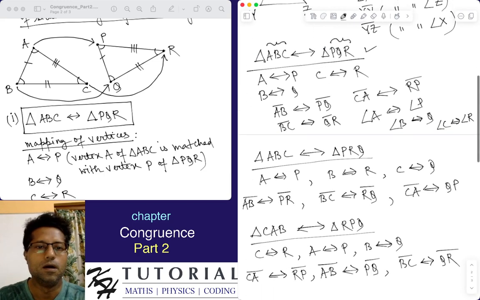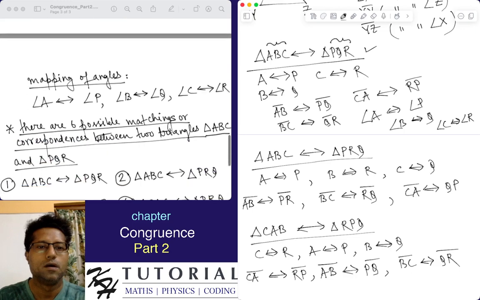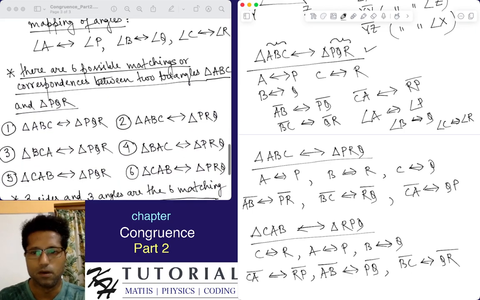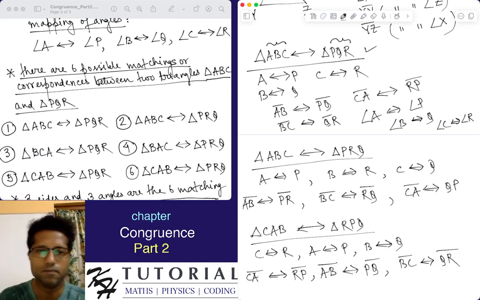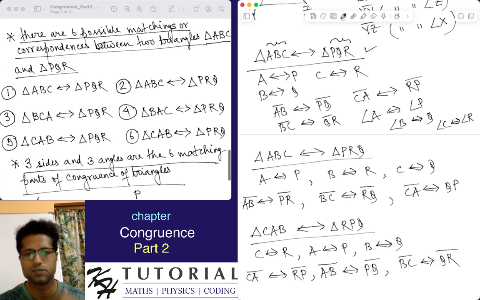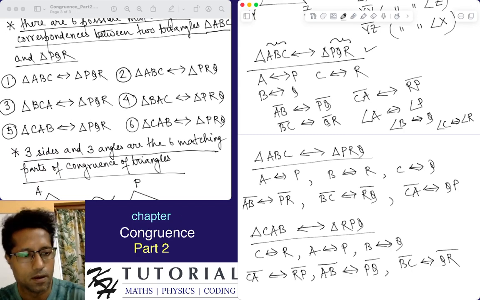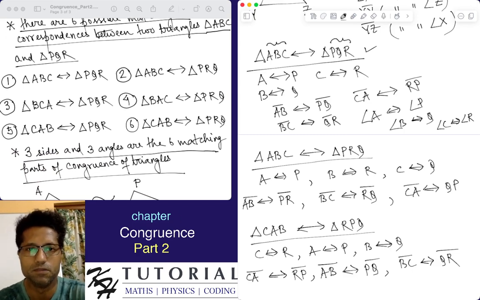Now, you can try this out as an exercise: there are 6 total ways you can specify a matching or correspondence between two triangles. If the two triangles are ABC and PQR, I have written down these 6 possible ways you can mention a mapping or correspondence between the two triangles.